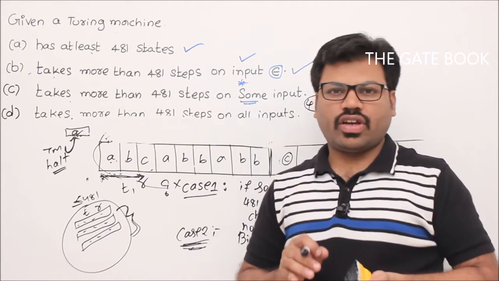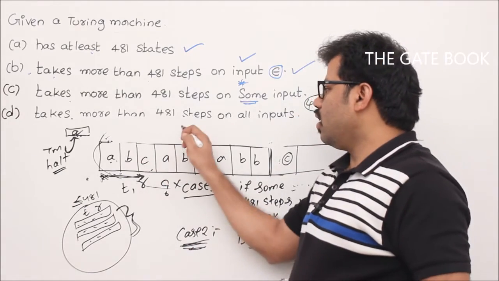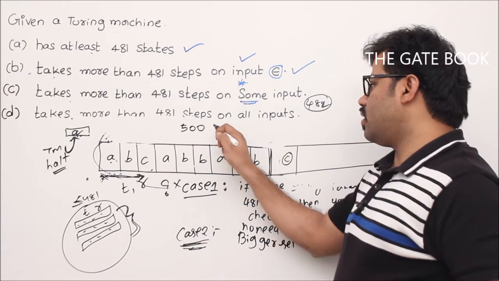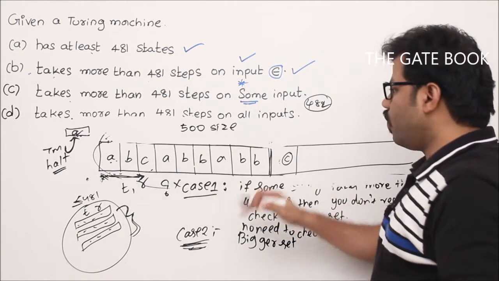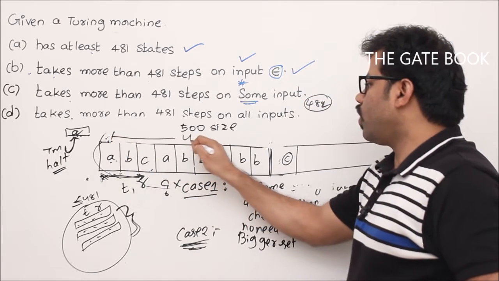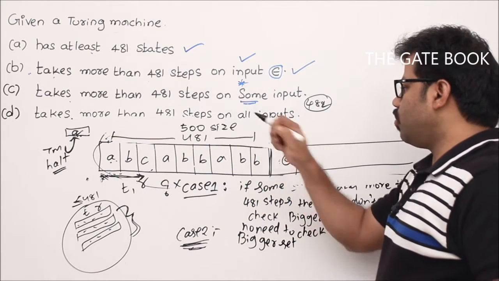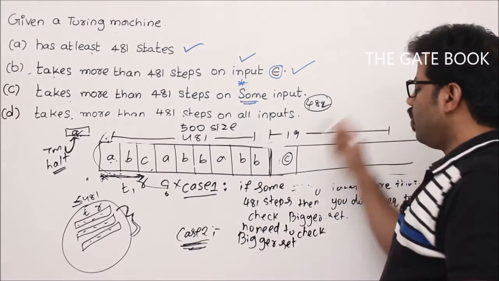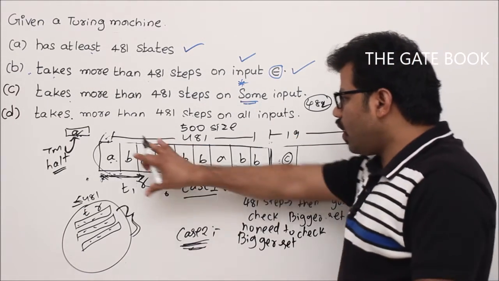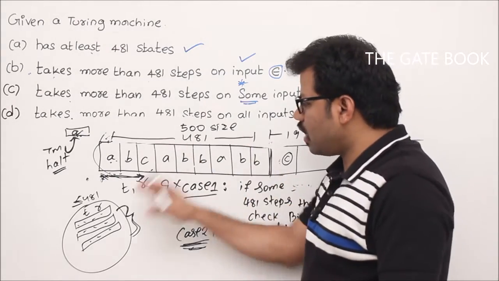You don't really require it. The reason is, for example, let's say this is a string of 500 cells, otherwise 500 size. So a 500 size input will have initially some 481 size input followed by some 19 size input. In that way we can split, correct? Now what I want to say is, this 481 portion, that input is already examined.